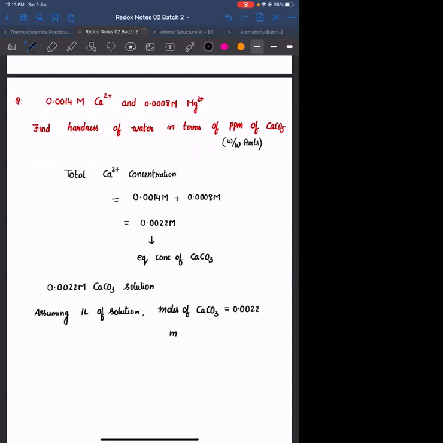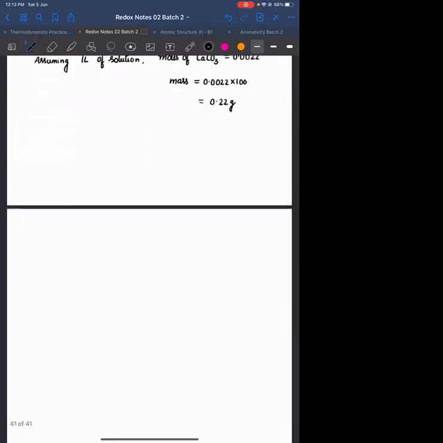What will be the mass? 0.0022 into 100, which is equal to 0.22 grams. What is the mass of this 1 liter solution?